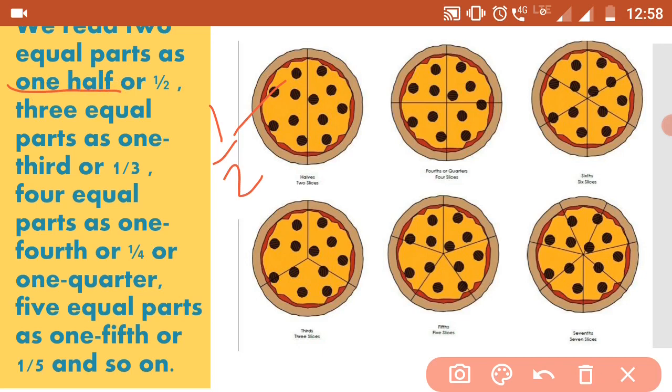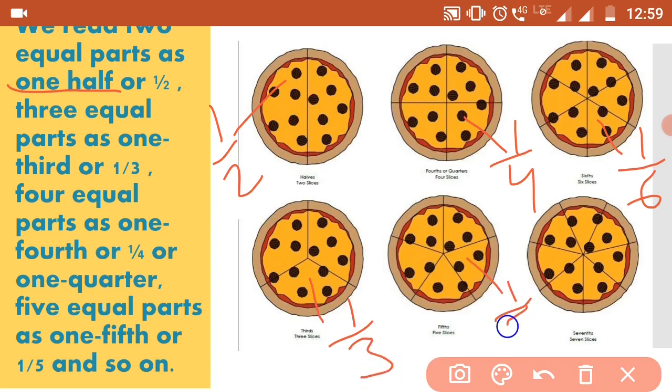Similarly, you can describe this one part as 1/4, or we can say 1 out of 4 equal parts. In this, 1 out of 6 equal parts, this 1 out of 3 equal parts, 1 out of 5 equal parts, 1 out of 7 equal parts.